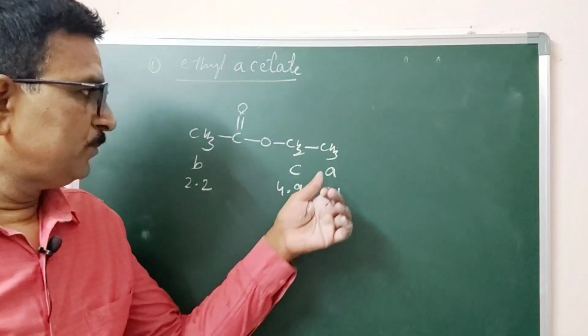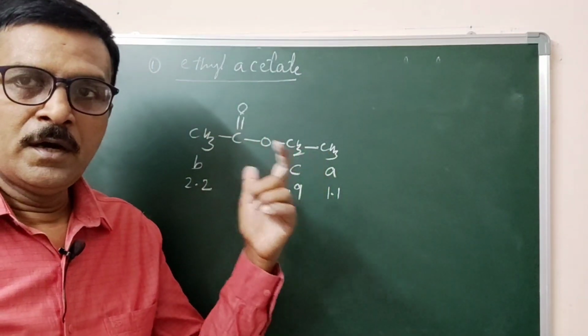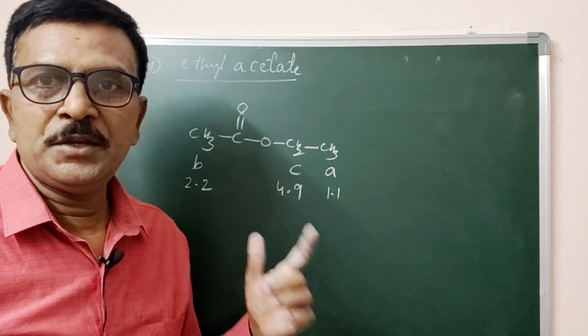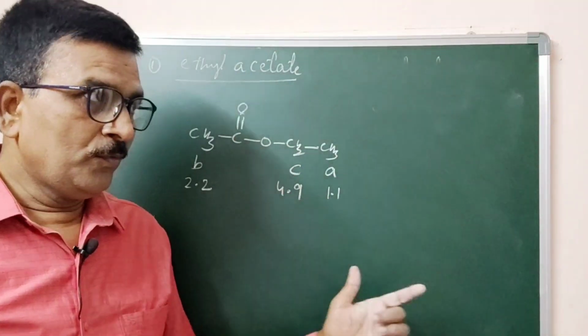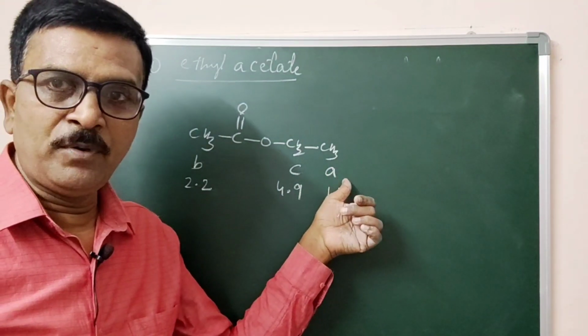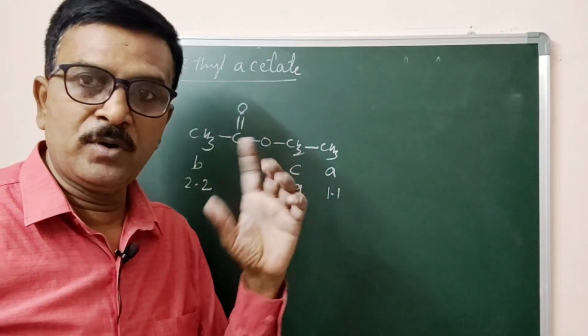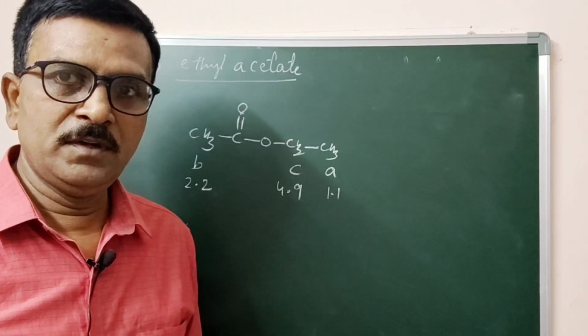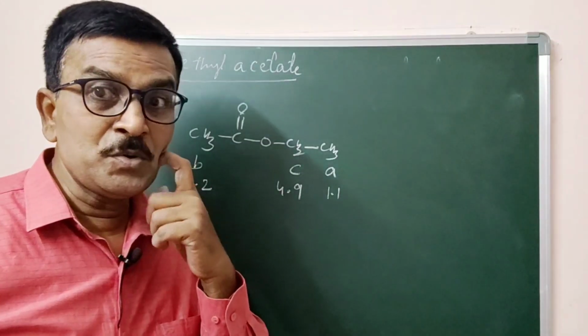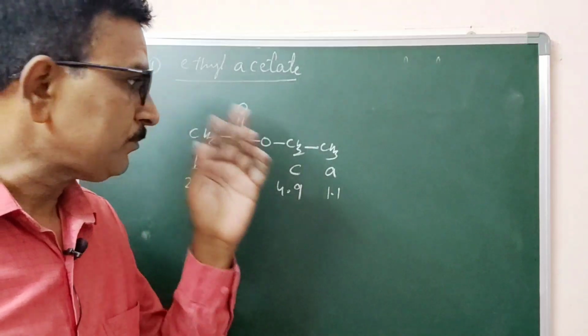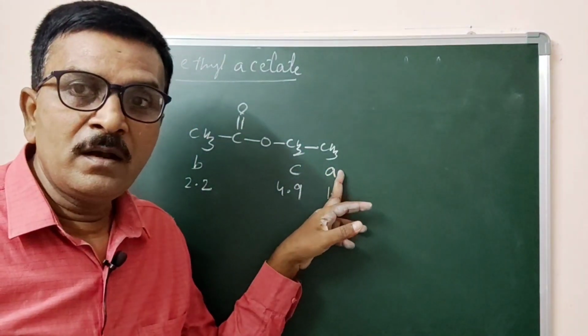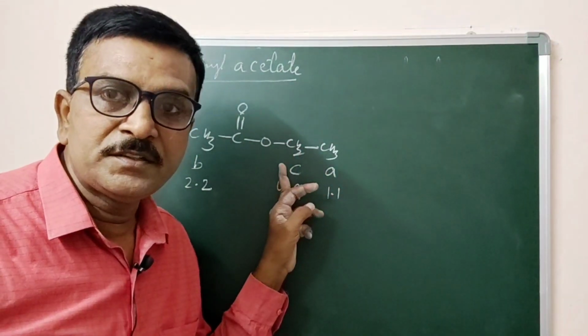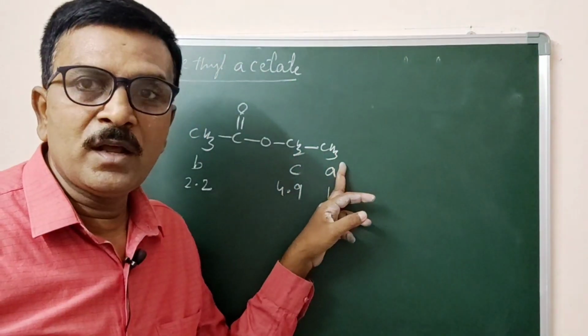These are the values. Either you can remember the values or you can designate with the help of alphabets, A proton, B proton, C proton, according to the electron densities. Is it clear?